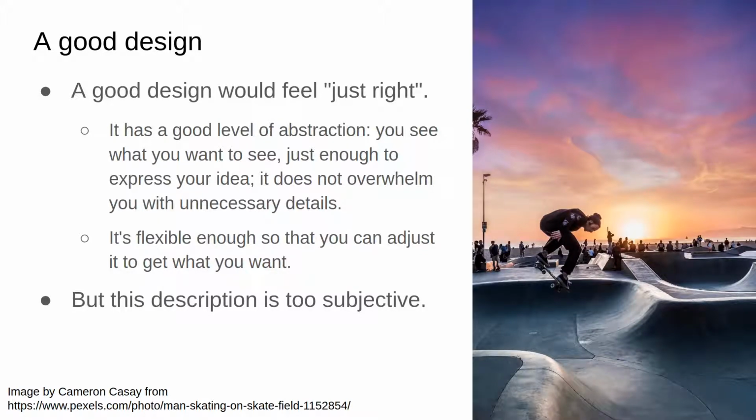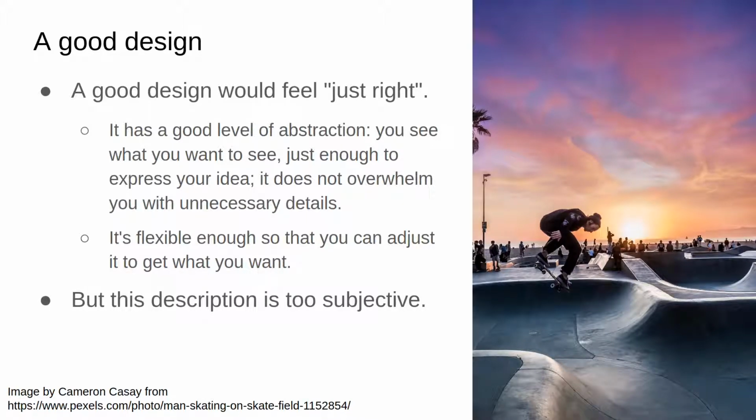You don't feel like, okay, why do I need to see this to get things done? So it gives you just the right amount of information that you need, and it's flexible enough so that you can tune it, bend it to get what you want. So it shows you enough. It doesn't show you too many things, and it's flexible enough.